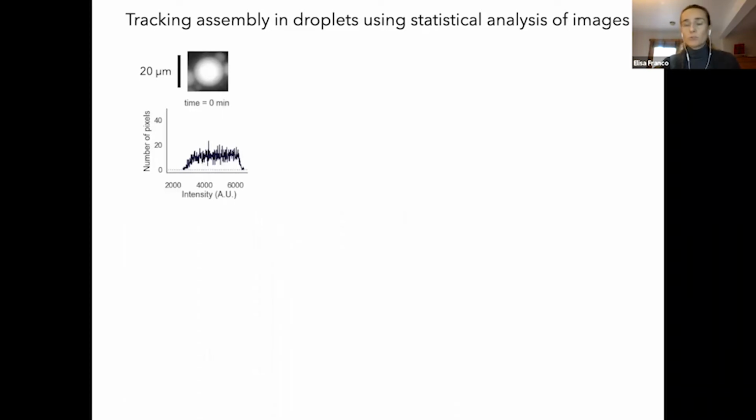You know how I observed before that initially the droplets have uniform fluorescence? Here at the bottom, for this particular droplet, you have a plot of the number of pixels versus their brightness. As time progresses, this uniform fluorescence changes, and now you have darker spots and brighter spots that correspond to the nanotubes.